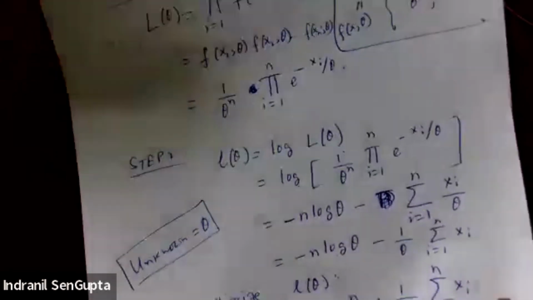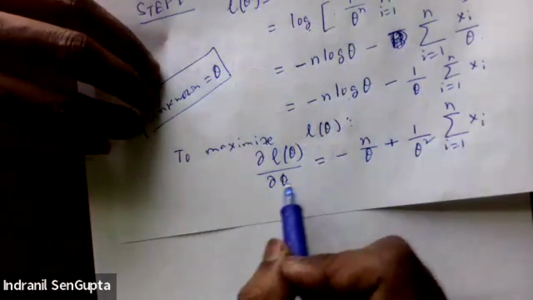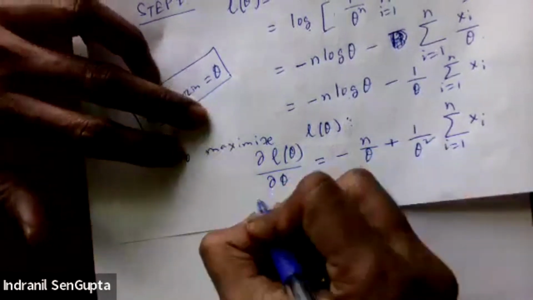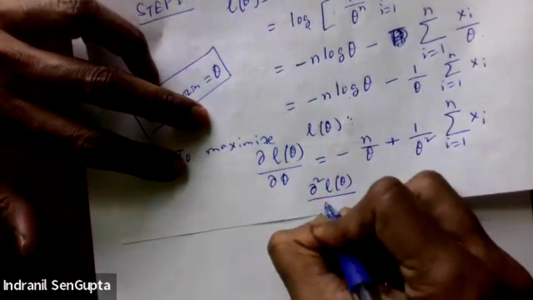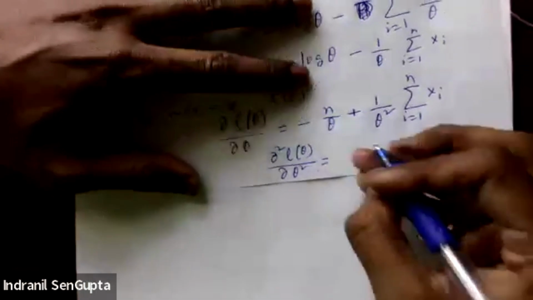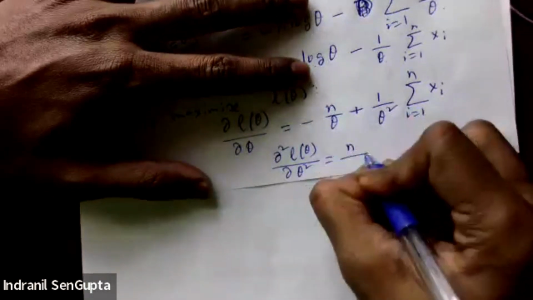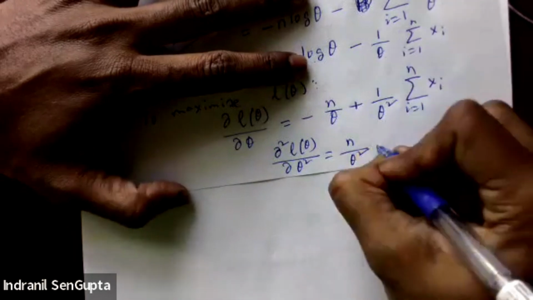Okay. This is the first derivative, and let's compute the second derivative too, because you know that in order to maximize, the second derivative has to be negative, right? So let's compute the second derivative. It's going to be n over theta squared, right?